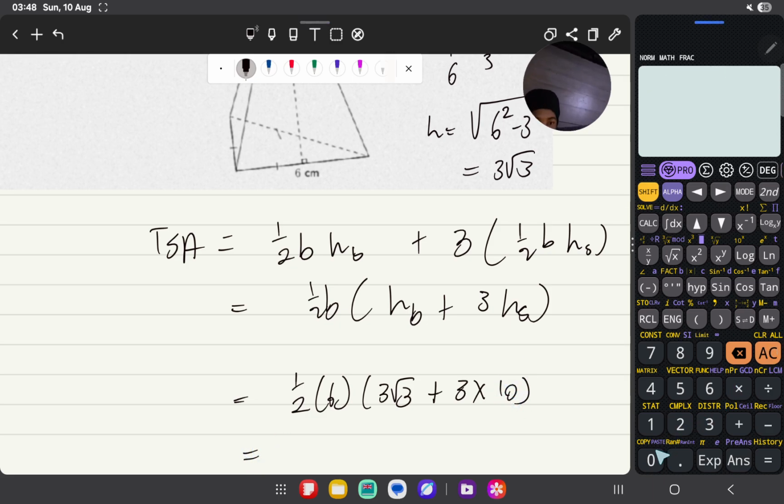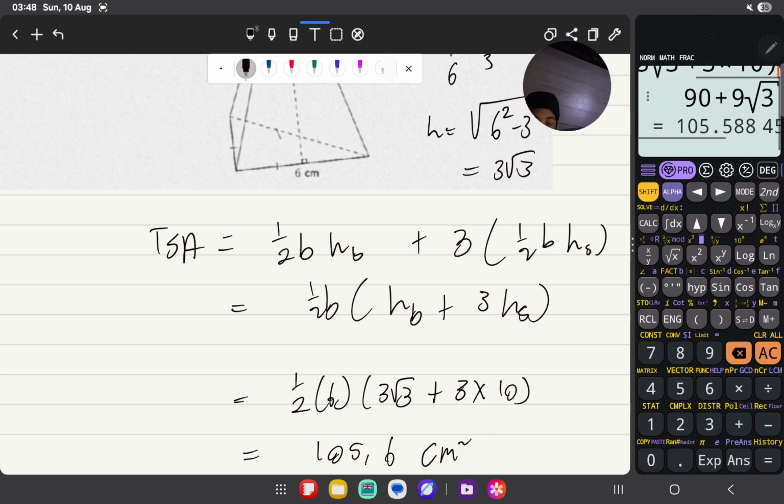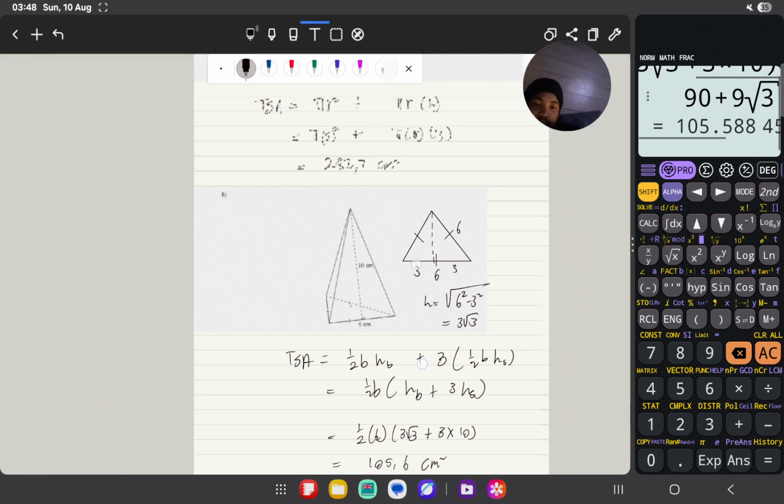That is 0.5 times 6 into 3 square root of 3, plus 3 times 10. You have 105.6, rounding up to one decimal place. And that is it.